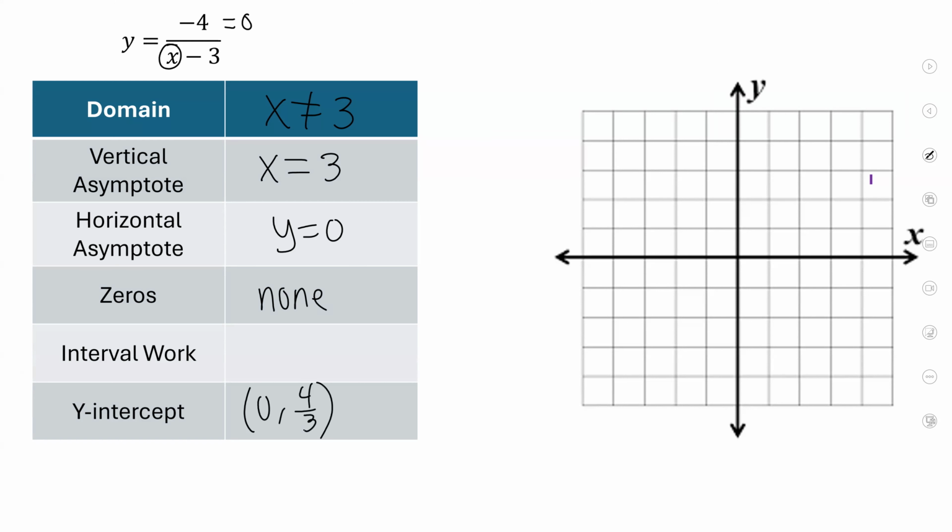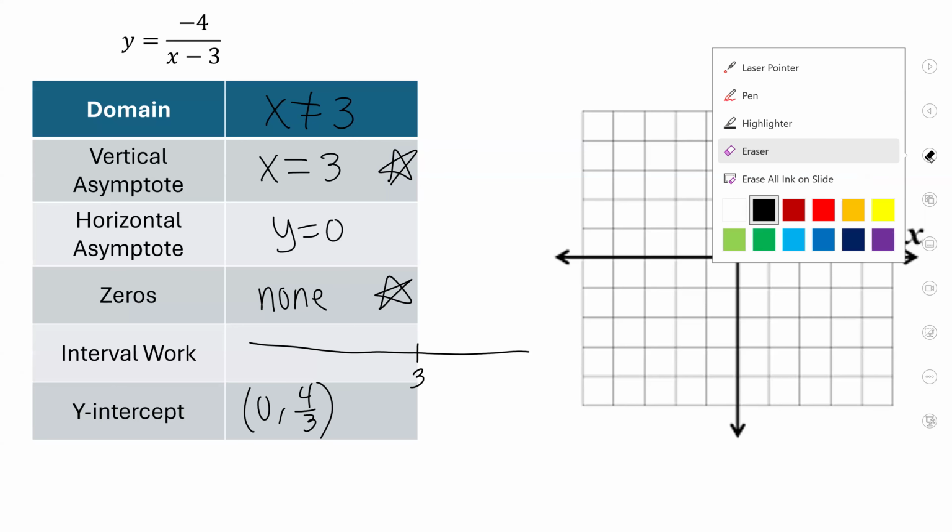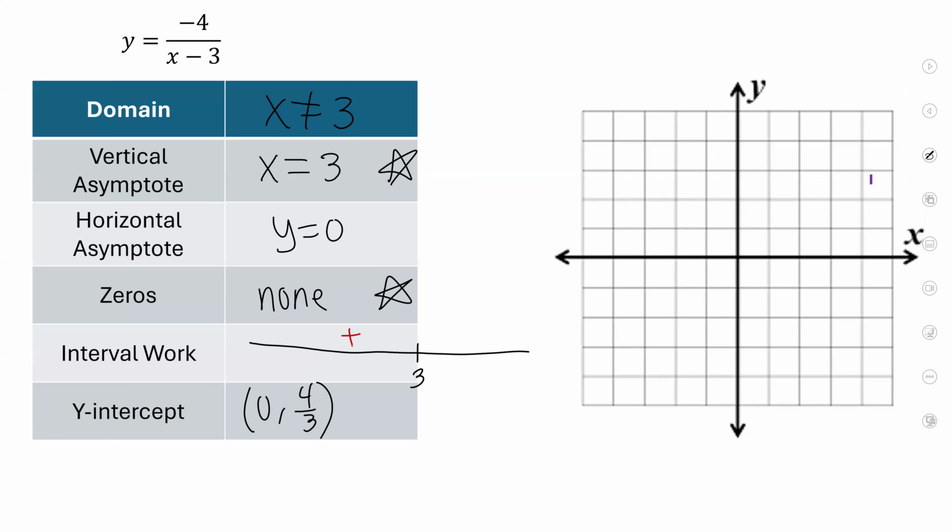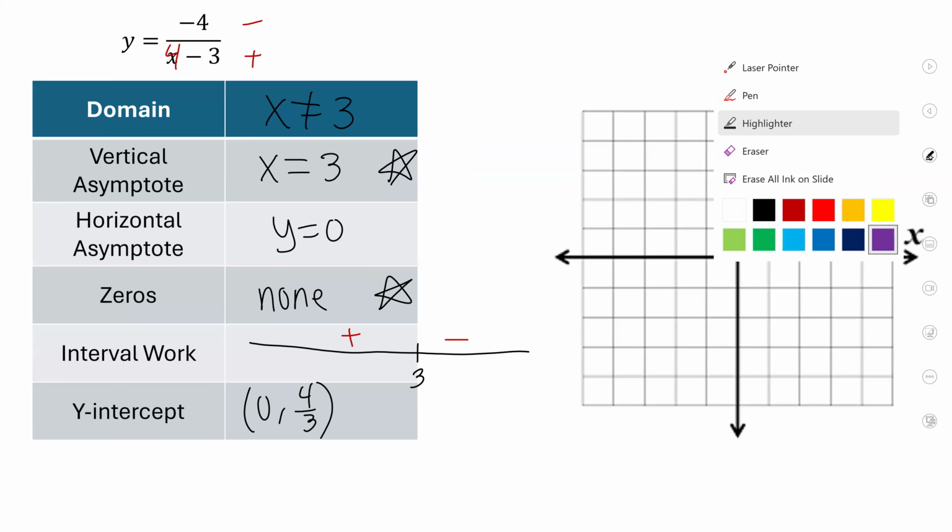Okay, so let's do our interval work. You only look at the vertical asymptote and your zeros. In this case, you're only looking at 3. If I plug in a number below 3, such as 0, I get a positive. If I plug in numbers bigger than 3, such as 4, I get a negative in the numerator and a positive in the denominator, so this is negative. So I'm going to graph my key features.